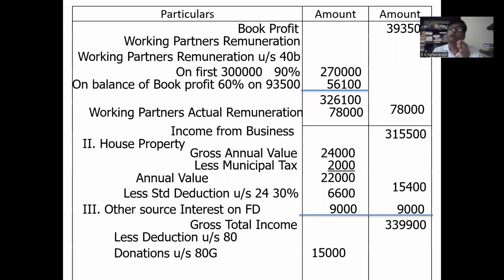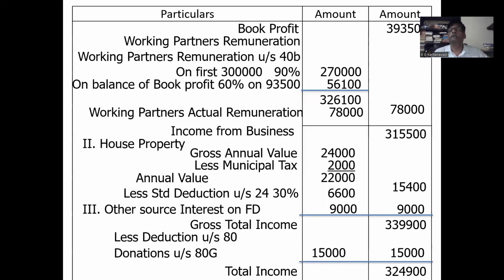So that 10% is more. So consider the lesser amount. You deduct it, whatever balance comes, that balance is total income. So total income is 3,24,900.